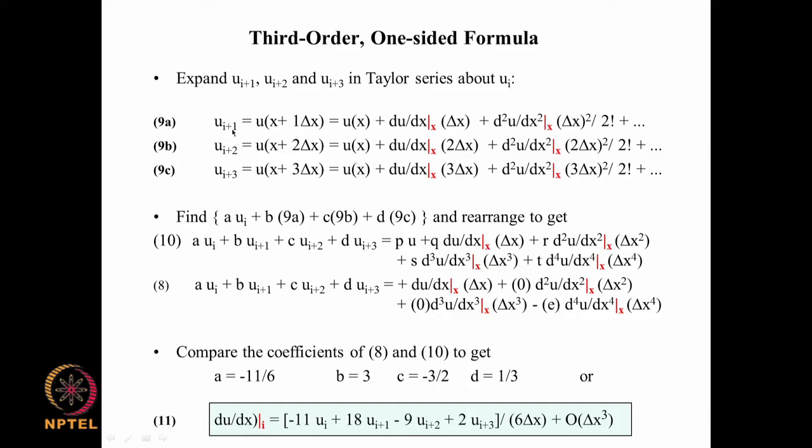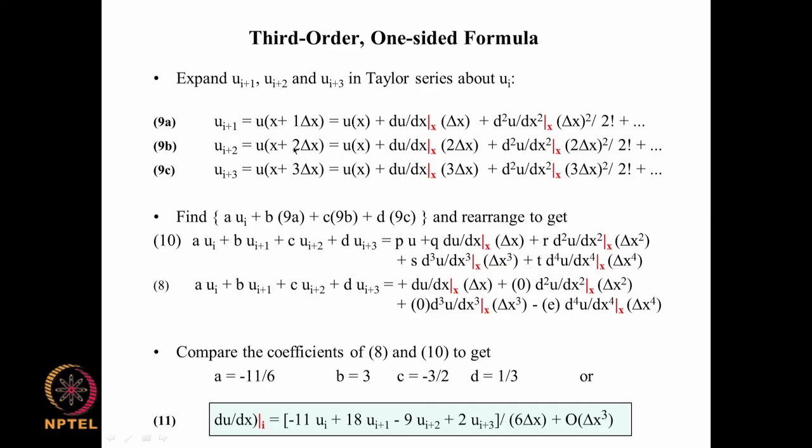For example, u_{i+1} is nothing but u at x plus 1 Δx, and that we know is u of x plus du/dx times Δx plus d²u/dx² times Δx squared by factorial 2 like this. Similarly, u_{i+2} is nothing but u of x plus 2Δx. So, wherever we had Δx here, we substitute 2Δx here.